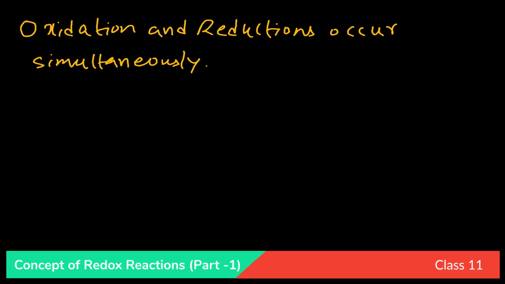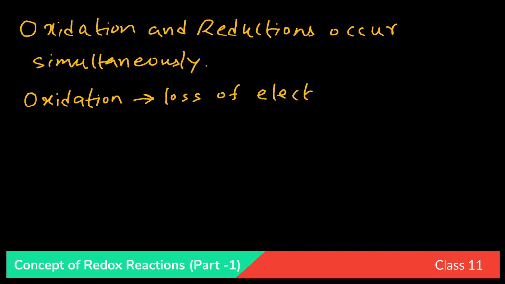We all know in our junior classes that oxidation refers to loss of electrons. Now this loss of electrons can be from an atom, or from a cation, that means a positively charged ion, or it can also be from an anion or a molecule.